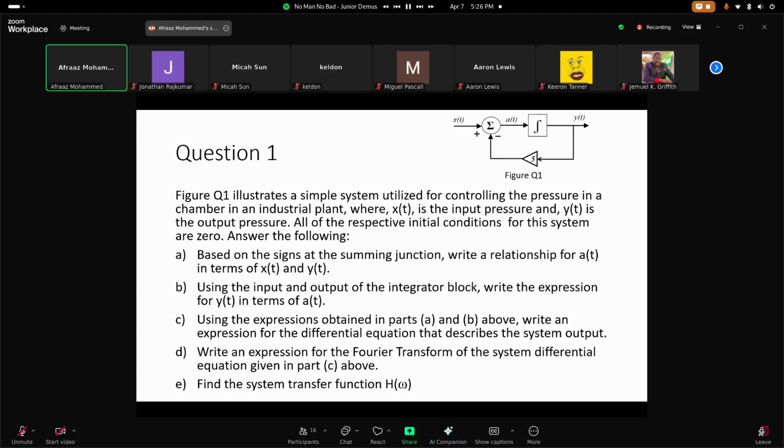Next, using the input and output of the integrator block, write an expression for y in terms of A. Based on those two expressions, you will write an expression for the differential equation that describes the system output. The output is y, so you're going to write a differential equation for that.